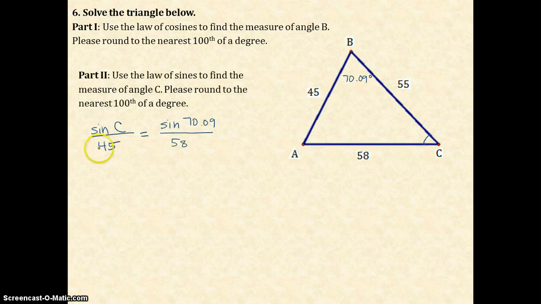Okay, so if I multiply both sides by 45, I get sine of C is 45 times the sine of 70.09 over 58. So to find C, I just have to do the inverse sine of that.